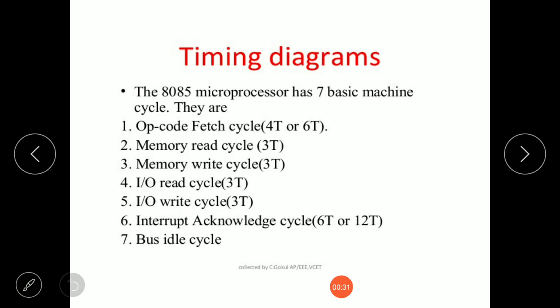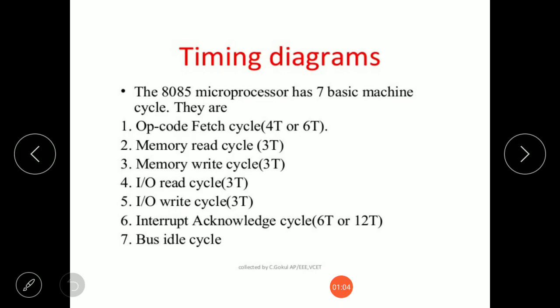In an 8085 microprocessor, there are 7 basic machine cycles. They are the opcode fetch machine cycle, and in brackets I have mentioned the T states, that is 4 T states or 6 T states, because for some instructions the opcode fetch machine cycle has 4 T states, and for some instructions it has 6 T states.